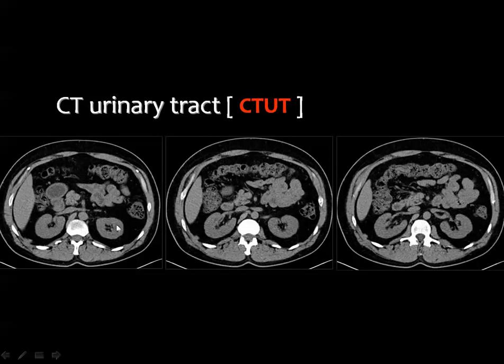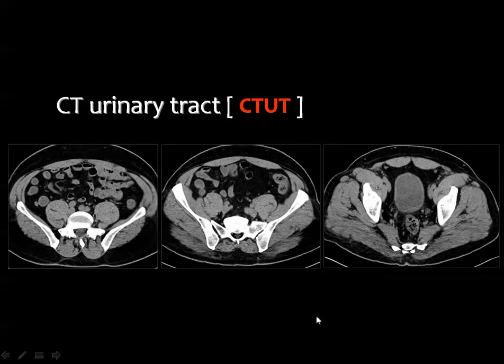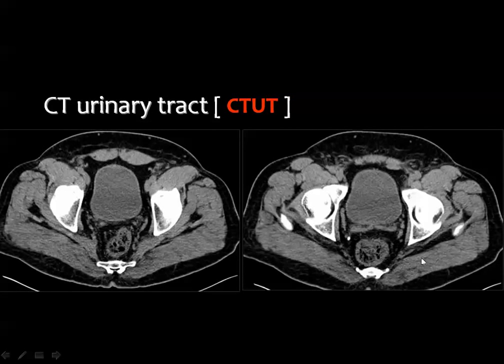And this area is covered in order to show any radio-opaque calculi in the region of the kidney. Then we finish the kidney and we go through the region of the ureters. Then we continue until we reach the level of the urinary bladder and finish the scan at the level of the urinary bladder.